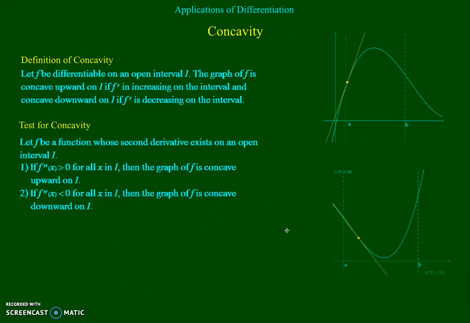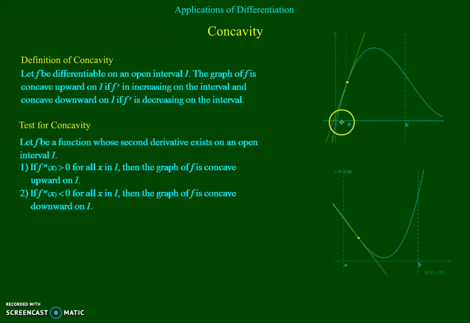In this section, we're going to be talking about a concept called concavity. Concavity is the concaveness, if you will, of a function. So this function is concave down, this function is concave up.